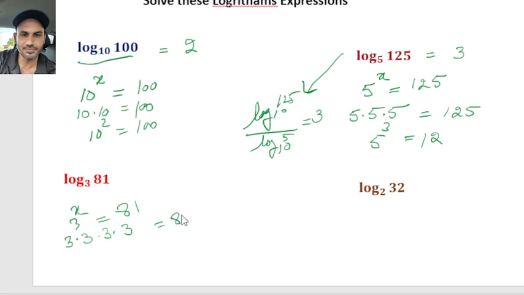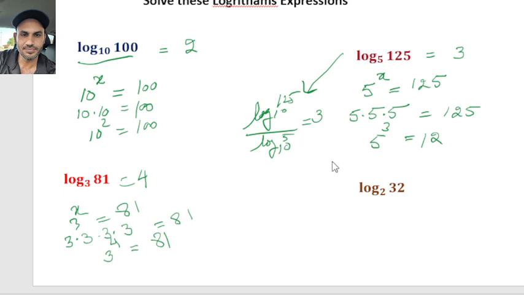So we have 4 multiples of 3. So 3 to the 4th equals 81. So this expression is equal to 4. Raising 3 to the 4th power gets us 81, so this is the value of this log expression.